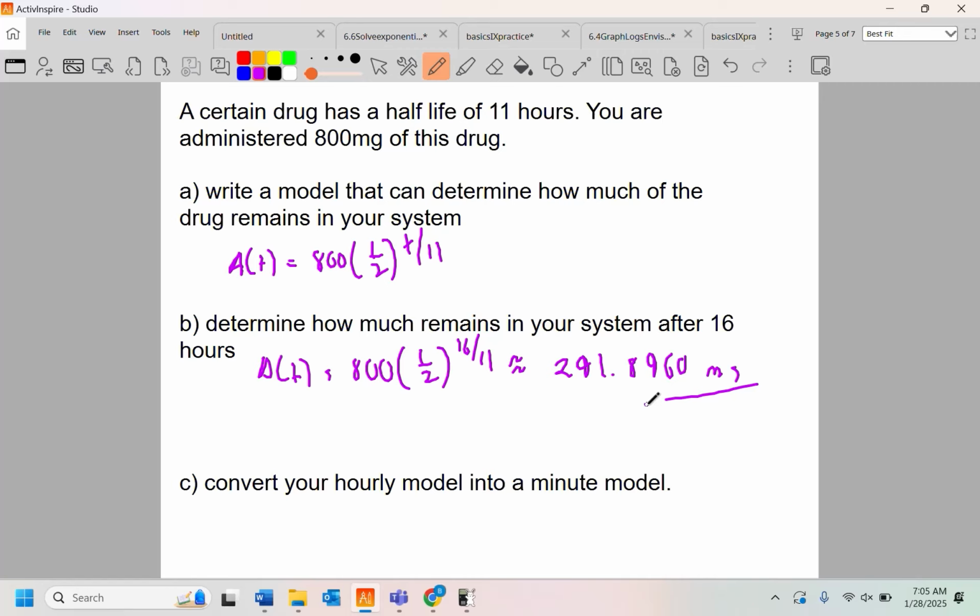Convert your hourly model into a minutely model. Well, you don't even have an hourly model. You have an 11-hour model. Into a minutely model. There's lots of ways of doing this, but 11 hours is going to be 11 times 60 or 660 minutes.